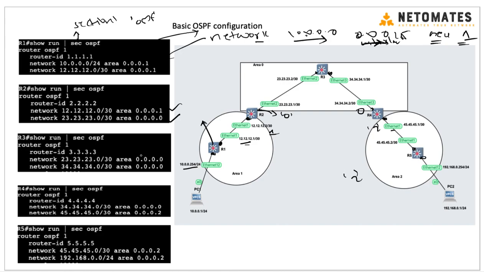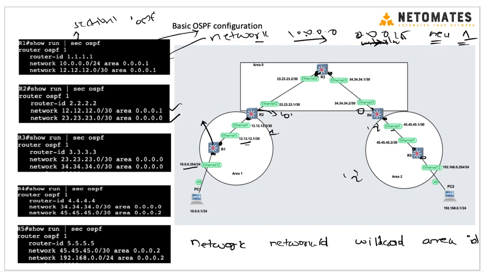Okay. So I'm again giving the network command: network, next the network ID, which means the starting address in that network, and then the wildcard mask, then area and area ID. So if you want to give it for R5, let's take the example of R3.